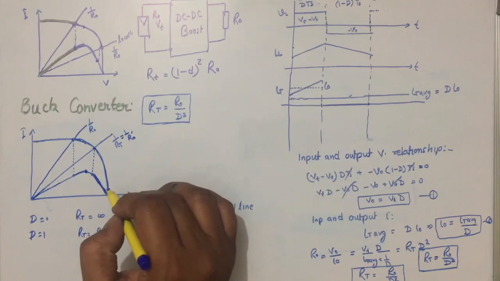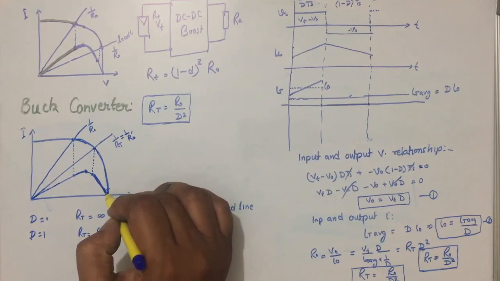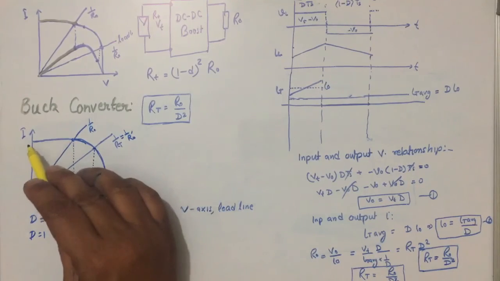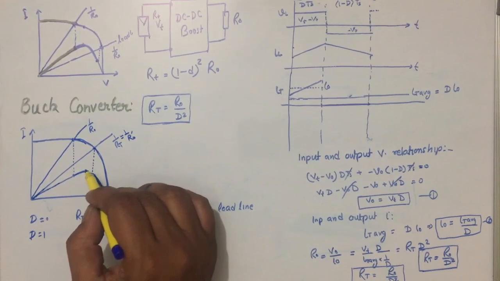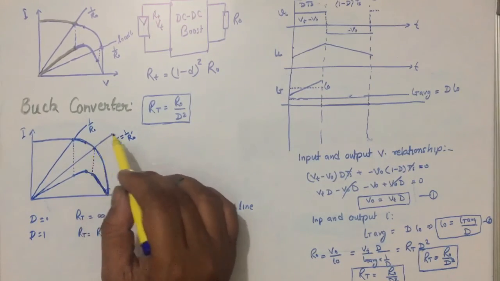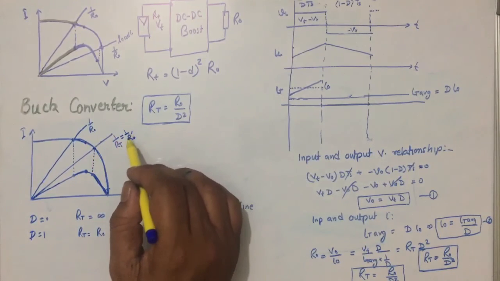And if the operational point can be anywhere, then d can be adjusted to come to this point, the maximum power point, irrespective of the load connected to the terminal of the system.